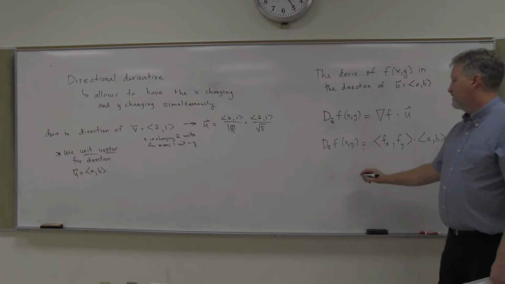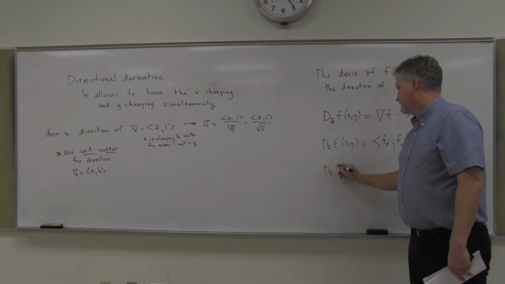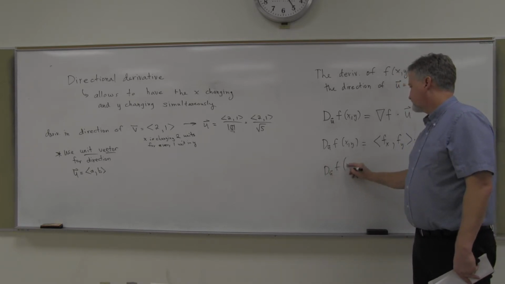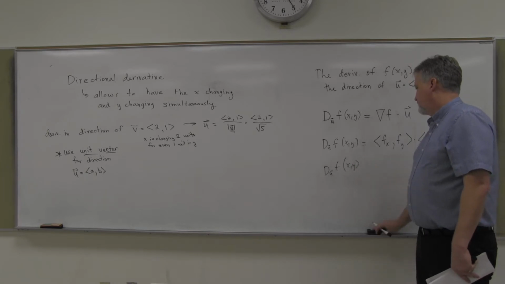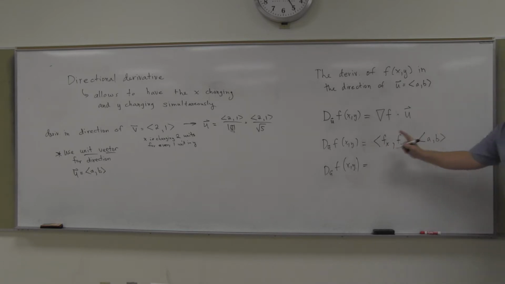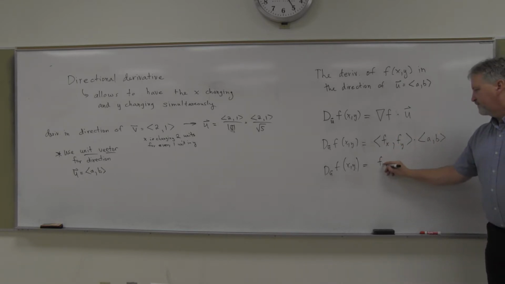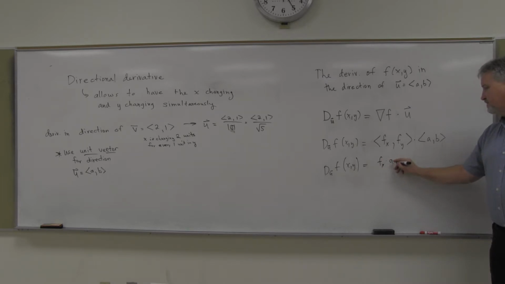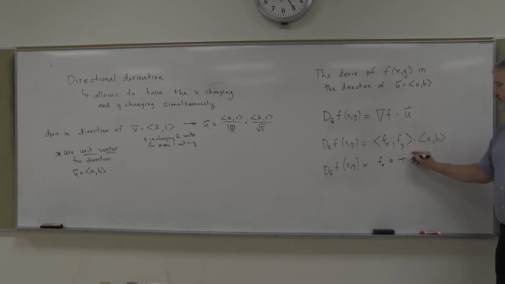And remember here on the dot product, you just multiply the component parts. So it'd be the partial of f with respect to x times the a part over here, plus the partial of f with respect to y times b. I guess that's really the nitty-gritty of it. That's what the dot product is: just multiply the components and then add those together.